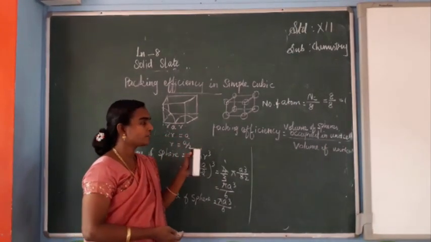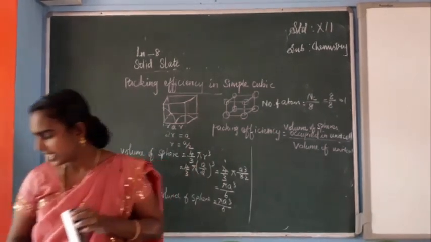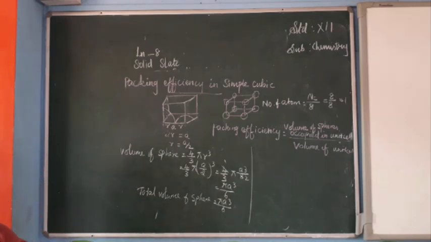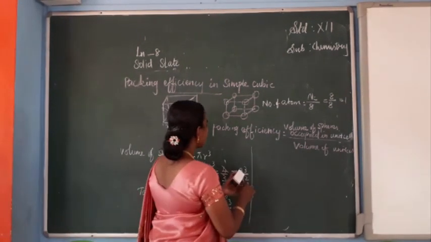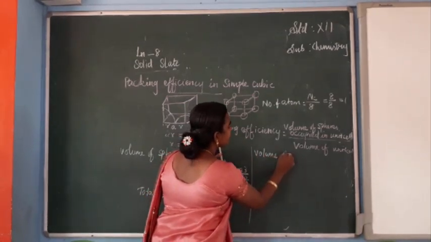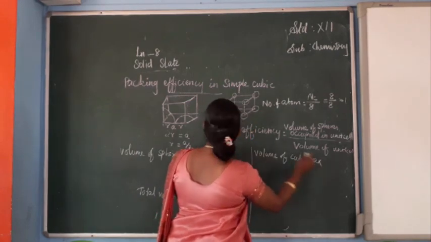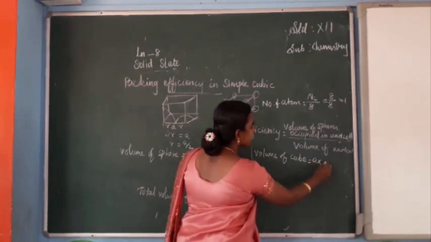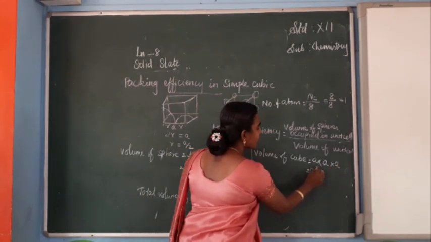The volume of the cube can be calculated by the edge length, A into A into A. There are three edge lengths, A, B, C, all with the same value, so it is A cube.